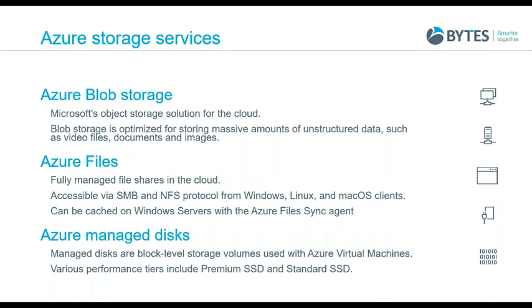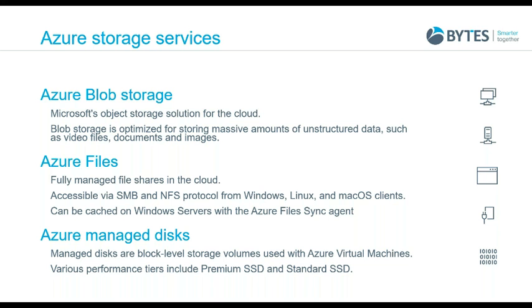In terms of storage, there are a few options. Blob storage is quite common. It is an object storage solution in the cloud. If you're familiar with AWS, it's similar to their object-based storage. Objects can be provisioned on different tiers of storage. So there's hot, cool, and archive, and it's great for lots of unstructured data.